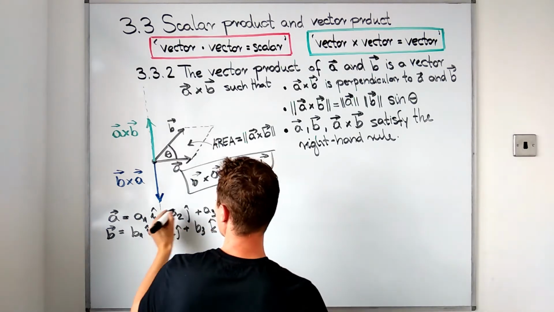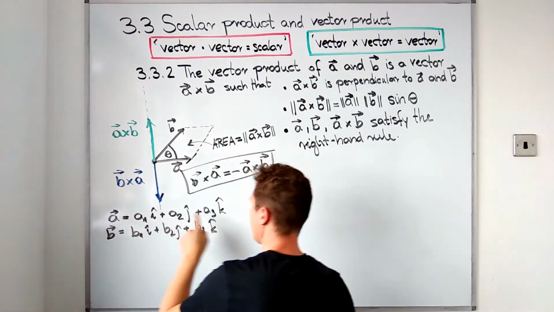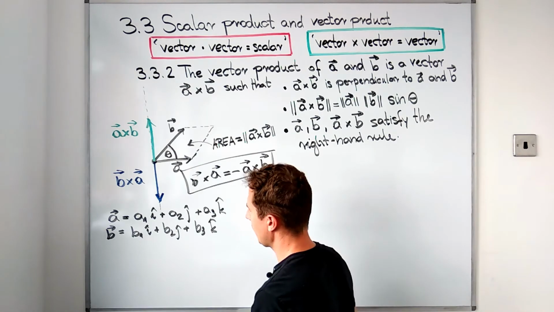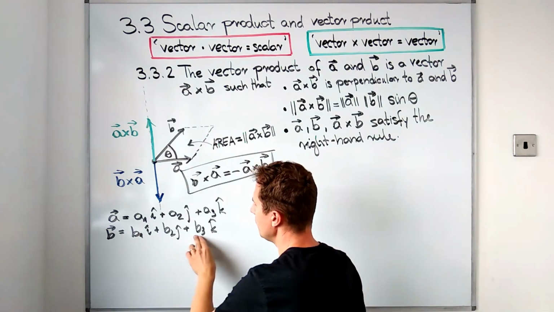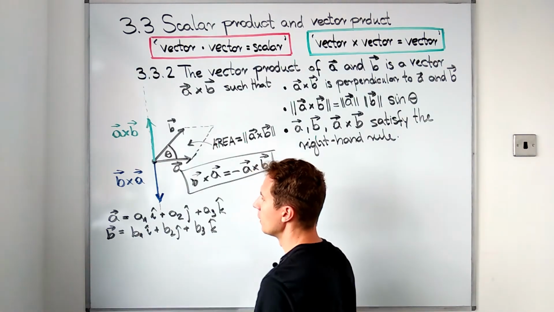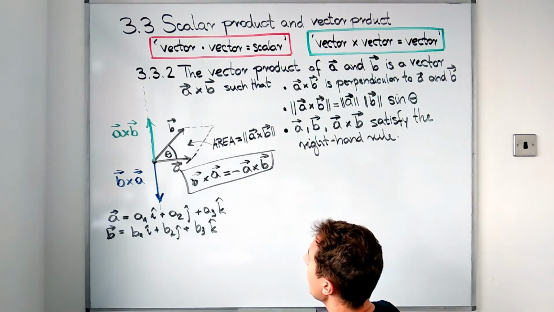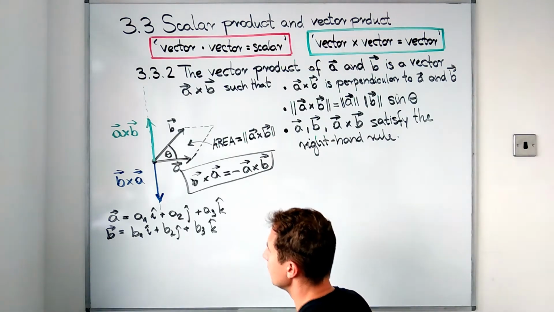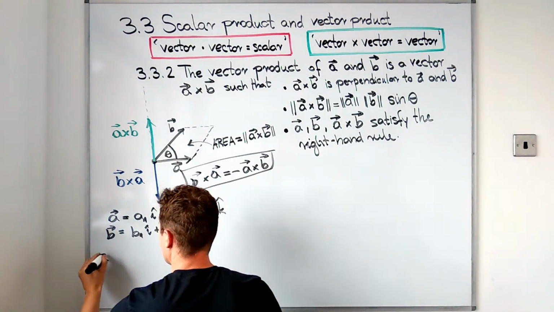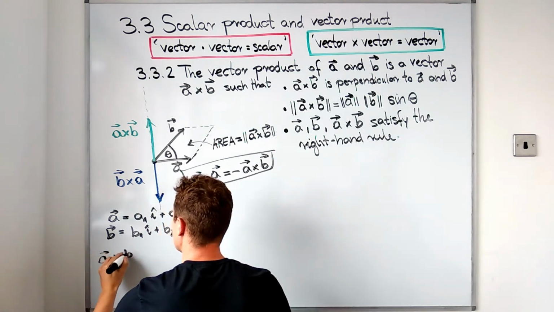So these are the coordinates of our vectors. a₁, a₂, and a₃ are the coordinates of vector A. b₁, b₂, and b₃ are the coordinates of vector B. And now we would like to calculate the vector product A cross B.